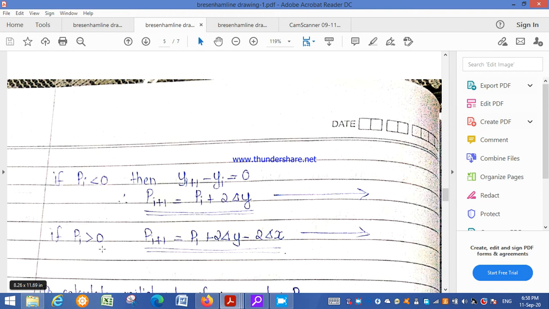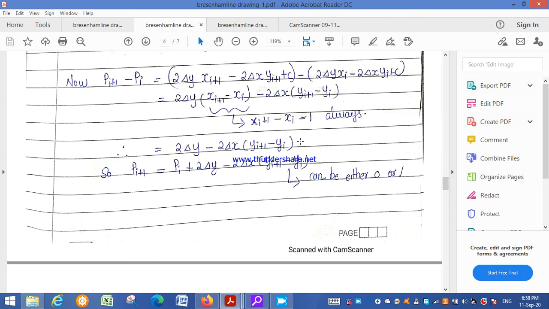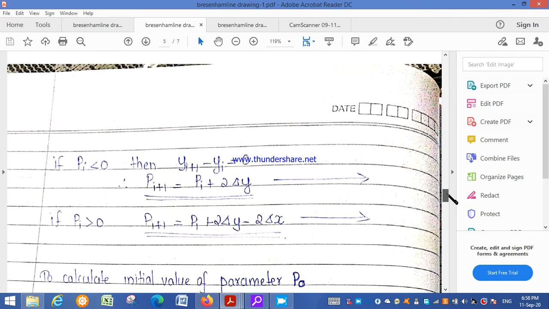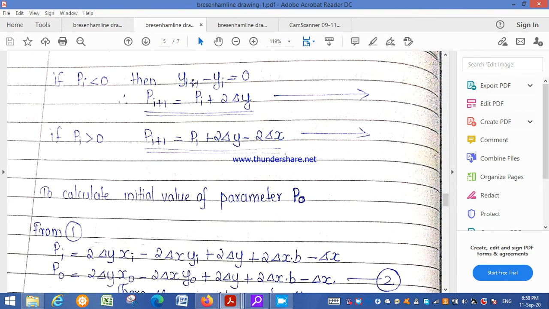If pi is greater than 0, yi plus 1 minus yi is 1, so based on this value it can be either 0 or 1. The equation becomes pi plus 1 is equal to pi plus 2 delta y minus 2 delta x into this value, which is 0 or 1. Based on that we get these two equations, the two equations that I already mentioned in the algorithm itself.